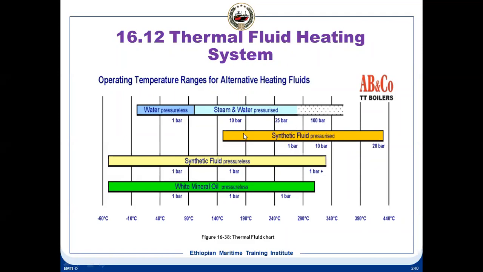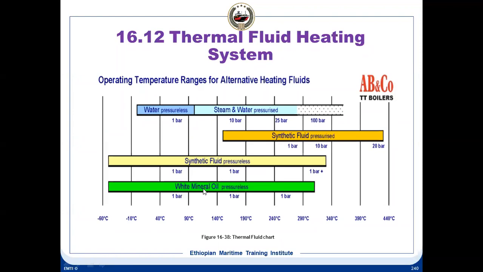So steam has its limitations, whereas your synthetic fluid can do it. Now the fluids also are of various types. You have mineral fluids, pressurized, unpressurized, etc. The white mineral oil is, as you know, mineral oil is the base oil for any kind of lubricating oil, unless it is synthetic.